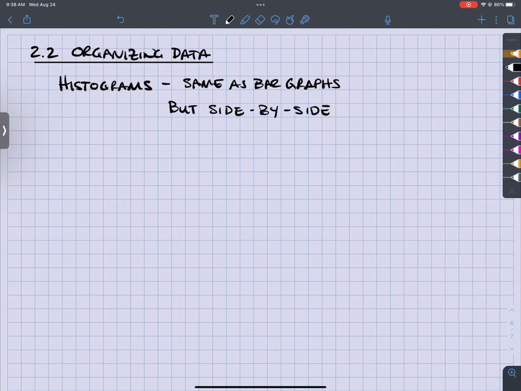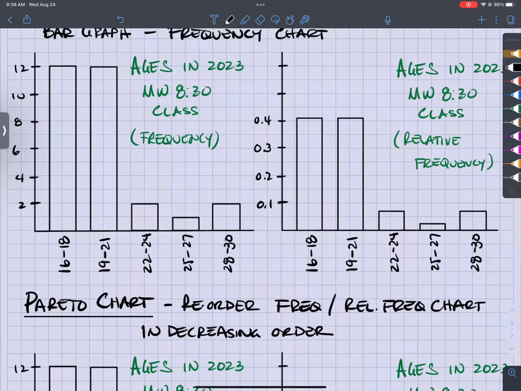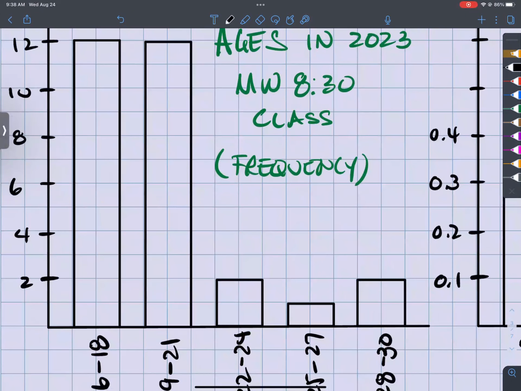They're literally all side by side. So if we were to take what we had up here, all of these bars would literally be squished together, side by side. Okay, so we're still talking about the same thing, right?